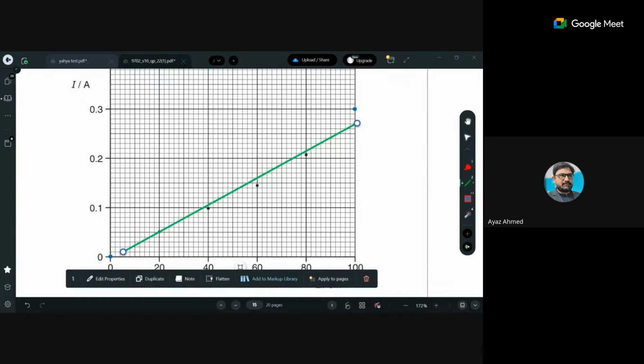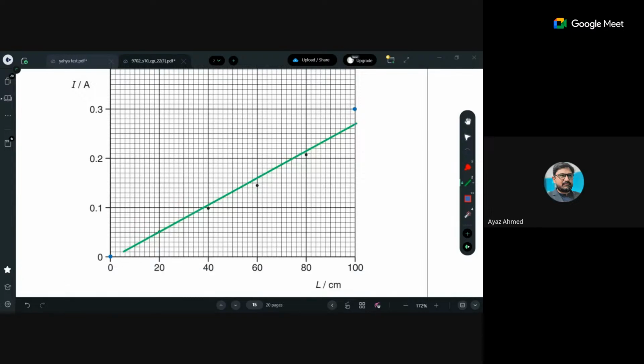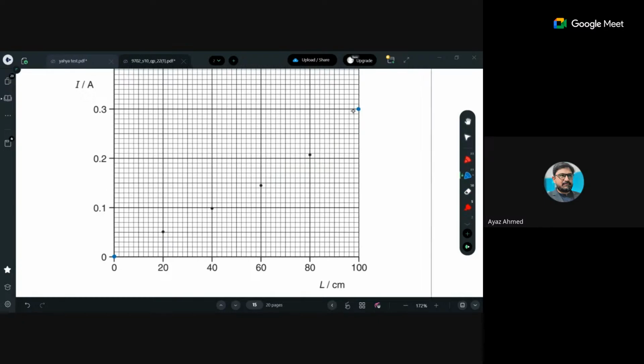But the problem will be that the points are not evenly distributed. So if I'm going to draw a best fit curve, then I can draw a smooth curve like this. One, two, 1 and 2 points below and 3 points above. So it's almost a best fit curve.